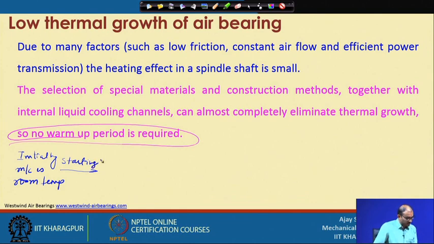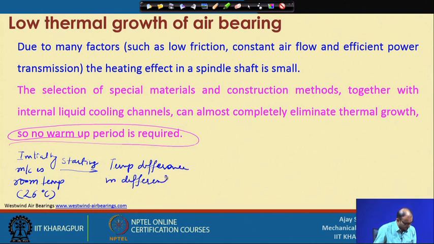When you start the machine, you know that there are different components which are made of different materials, and you have surrounding temperature. Now consider here the temperature is 26 degree centigrade, right. And now when you start the machine, there are a lot of different moving elements, rolling elements, then you are getting a temperature difference in different components.